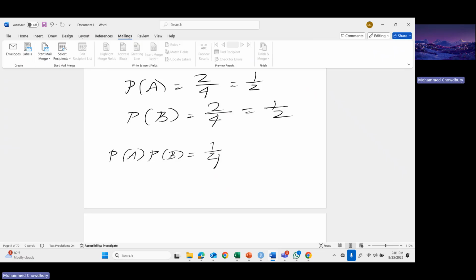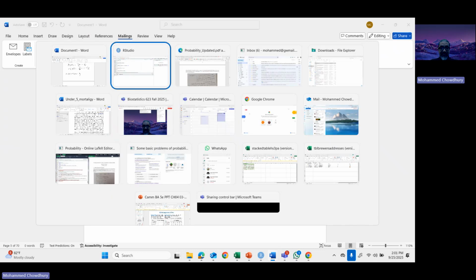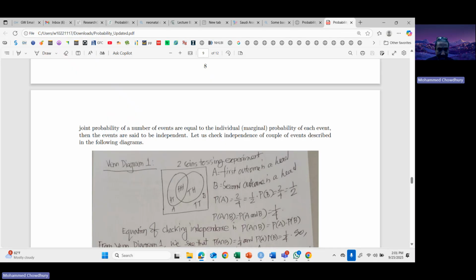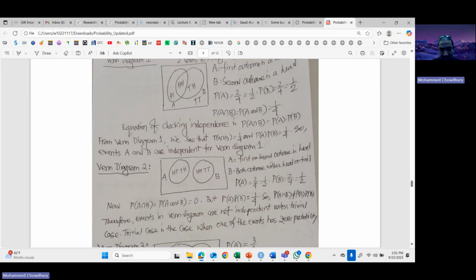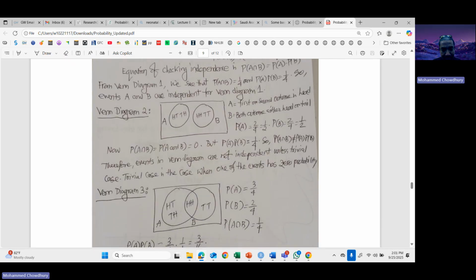No. 0 is not equal to 1/4. The easiest way to explain what independent means: independent means they do not depend on each other. After discussing this, this is what I discussed: the Venn diagram applied to the coin tossing experiment. This is all I discuss here.